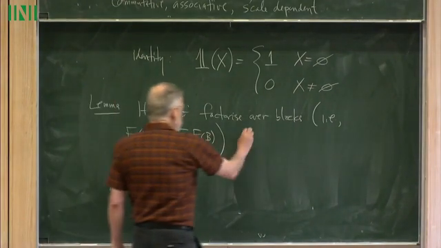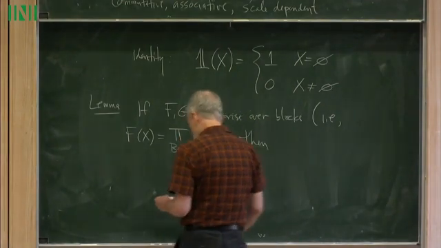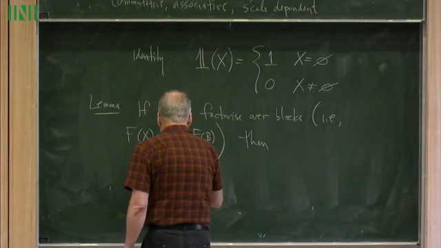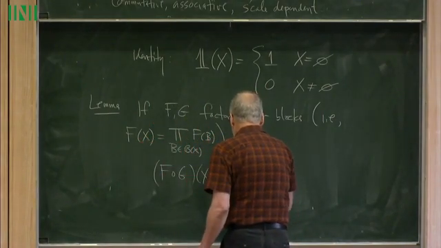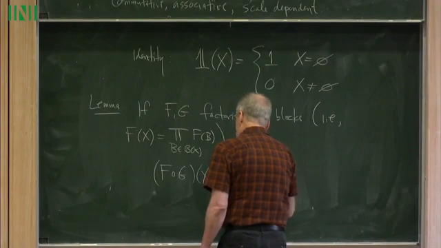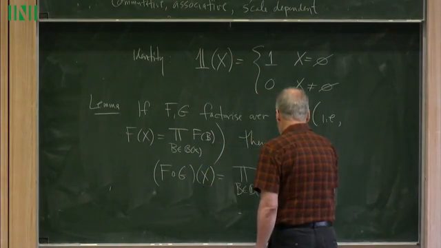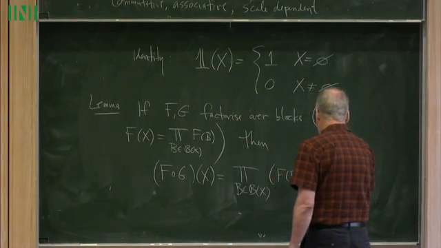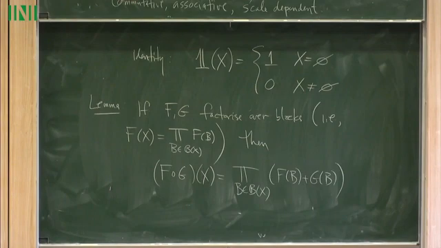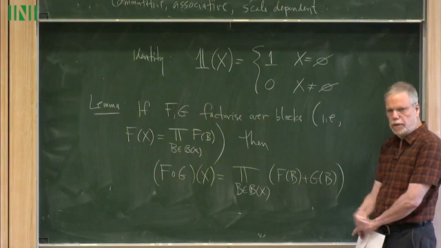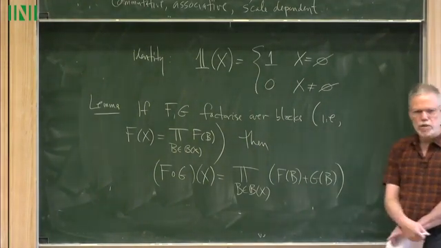Then there's this beautiful formula that the circle product is just given by the product over all blocks of f of b plus g of b. Do you see the proof of that? It's very easy to prove. Just expand the product on the right-hand side.